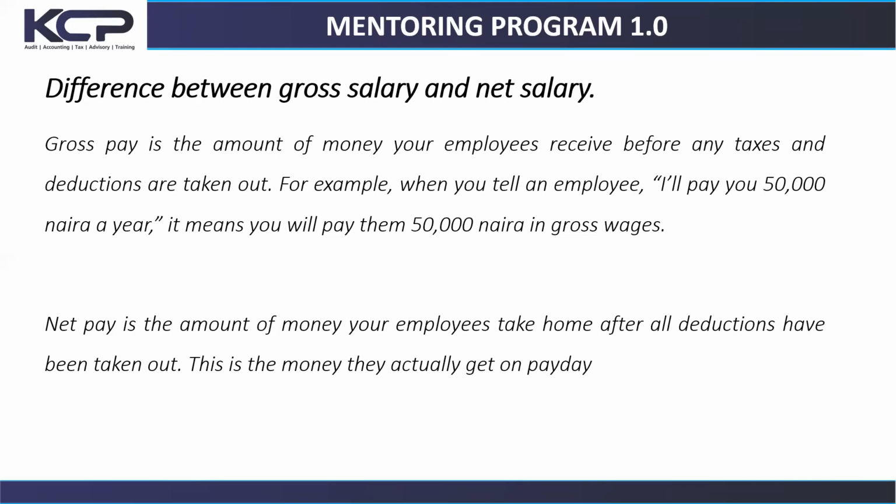So for example, when you tell an employee that he or she will be paid 50,000 naira in a year as compensation for work done, that is a gross pay. But that does not mean that the gross pay may not be subject to other deductions, whether statutory deductions or otherwise, and taxes per se.